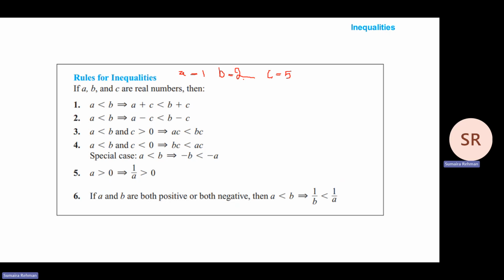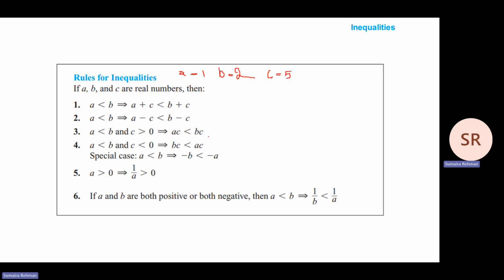Now if we multiply this 5 with the number A, which is 1, we will get 5, and when we multiply by B, we will get the number 10. So obviously this inequality still holds. The left hand side will still be strictly less than the right side.